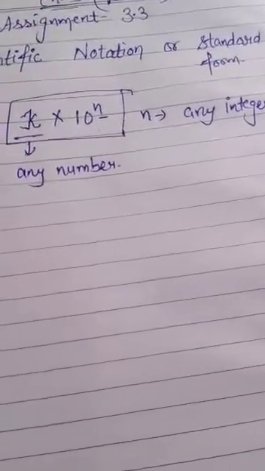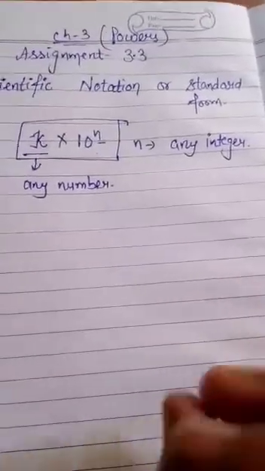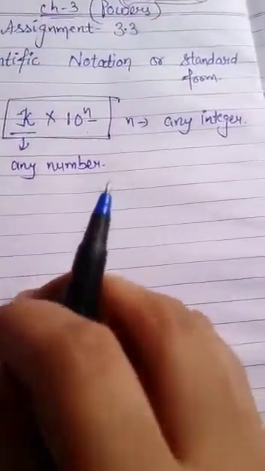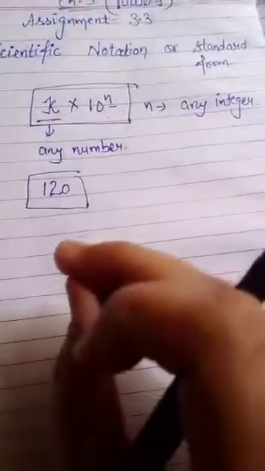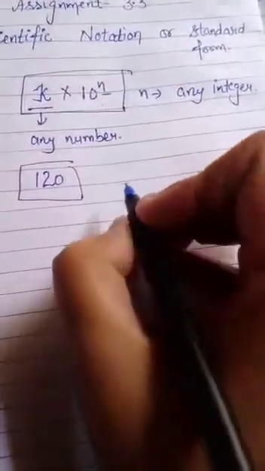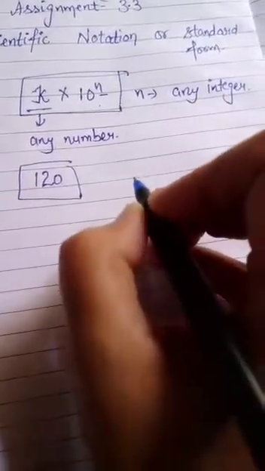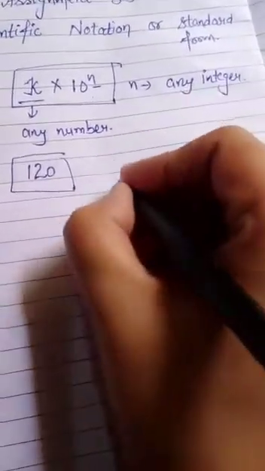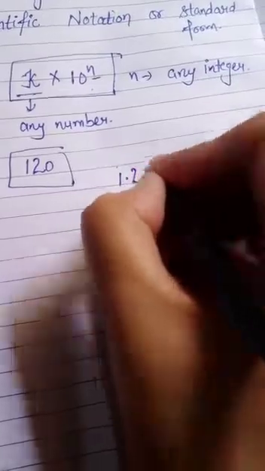In scientific notation, while expressing any number, only one digit is to be kept on the left side of the decimal. Suppose we take an example, 12,120, and we have to represent it in scientific notation or standard form. Only one digit is kept on the left side of the decimal, so we put the decimal after one digit and write 1.212.